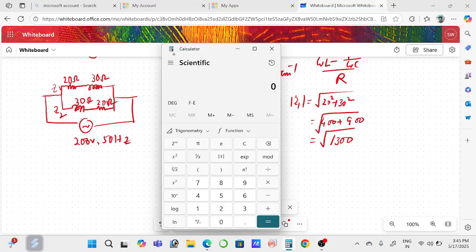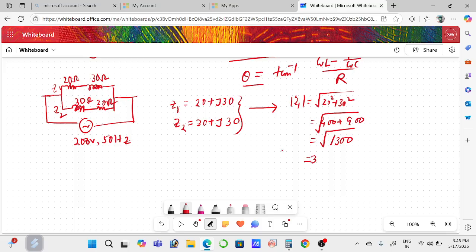The square root of 1300 is equal to 36.05. So the magnitude is 36.05, and theta, that is theta 1, is equal to tan inverse of 30 by 20, that is 1.5.